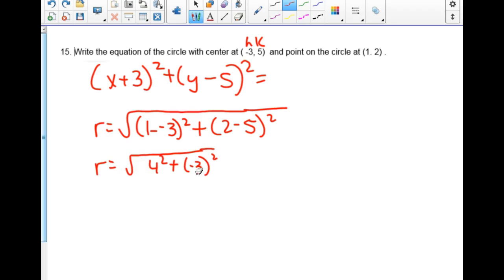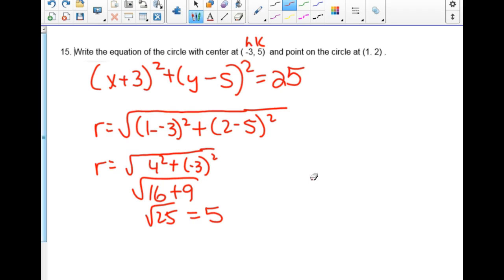And you better realize that -3 squared is positive. That's 16 plus 9, which is the square root of 25, and that gives us a radius of 5. So if the r squared goes here, it would be 25. R squared equals 5 squared, which is where I got that.